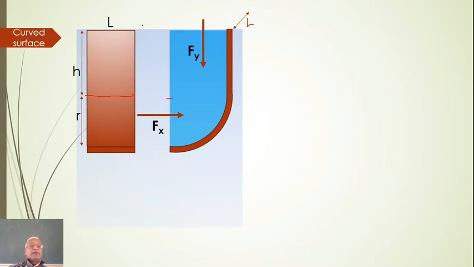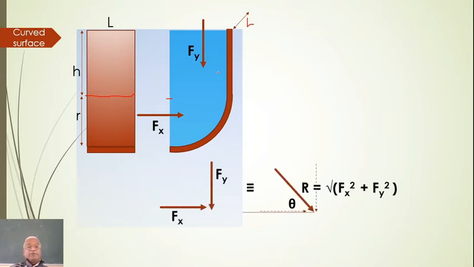The width will remain the same. So anyway, it is a rectangle with L by h plus r. So on that surface, you have to calculate Fx. The weight of this liquid will be Fy. Okay. So Fx, Fy, resultant, and then theta. That's how one should proceed.